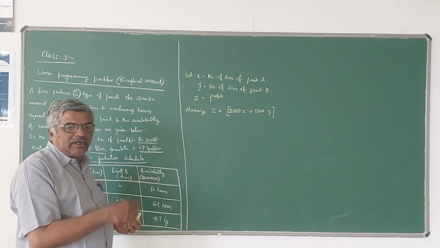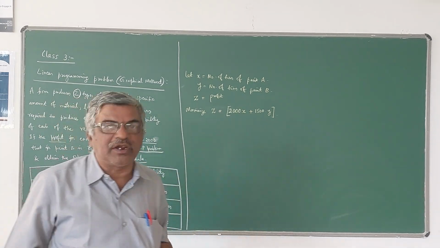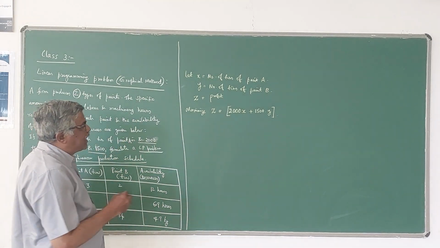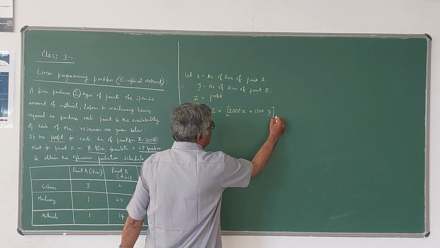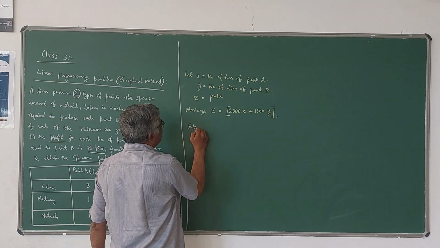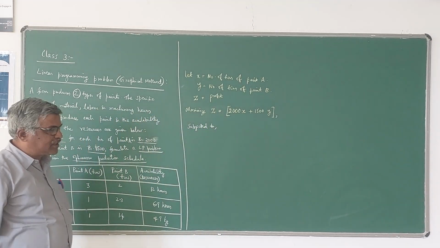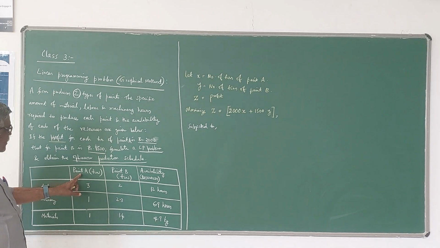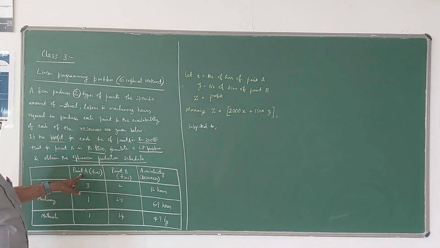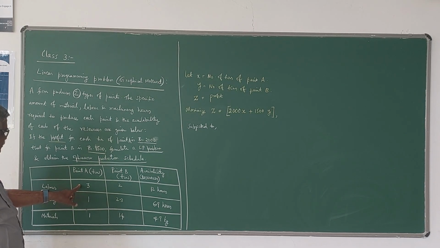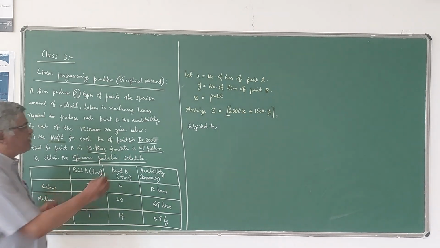Now, you know that an optimization problem will involve constraints also. So this table gives the constraints. Now we have to develop the constraints. We have to maximize this subjected to the constraints. Taking X and Y as the number of tins of paint A and paint B for maximum profit, the first constraint will be with respect to the labor.